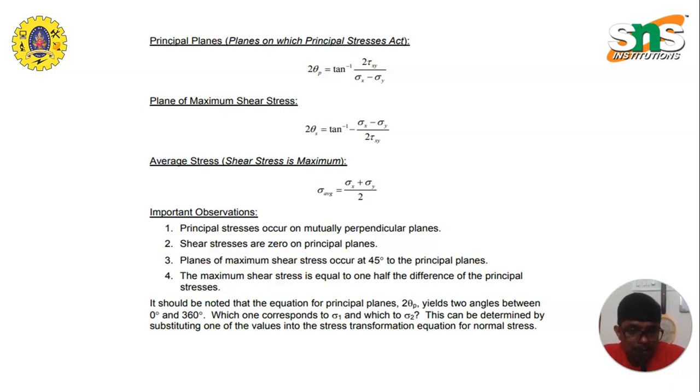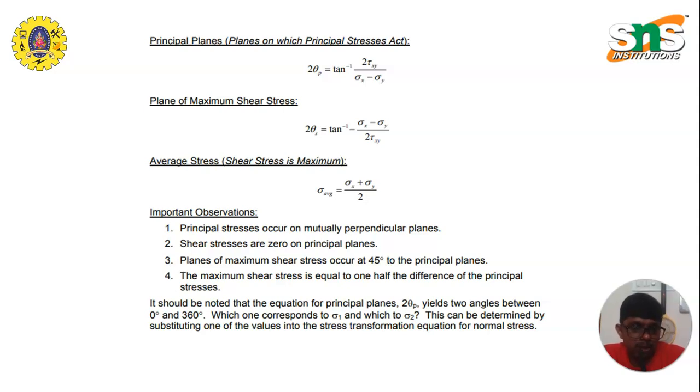Third, the planes of maximum shear stress occur at 45 degrees to the principal planes. And fourth, the maximum shear stress is equal to 1/2 the difference of the principal stresses. These are the 4 basic observations that we need to follow while calculating the Mohr circle principal stress values.